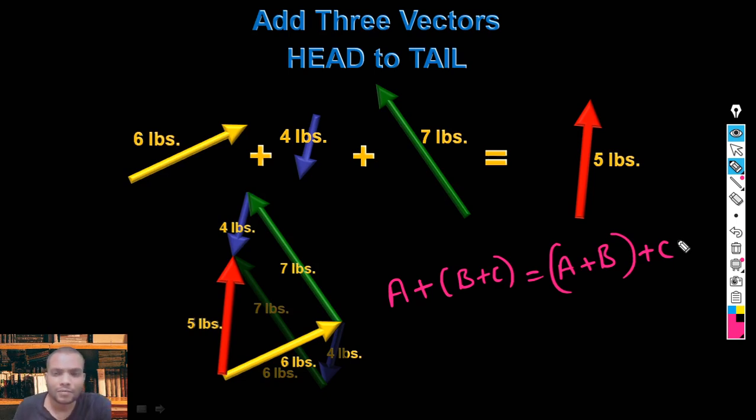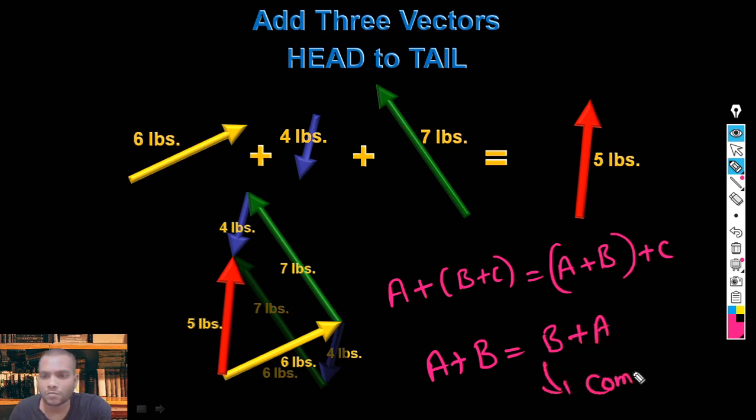Not only that, two vectors follow the commutative law of addition, A plus B equals B plus A. So this is known as the commutative law.